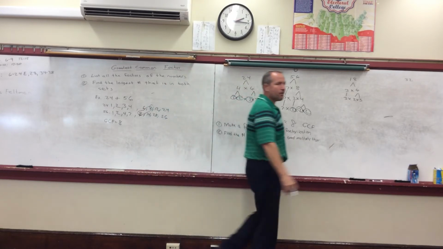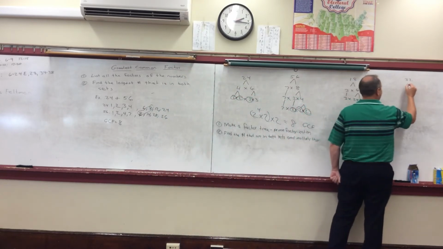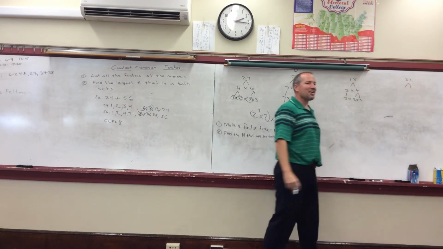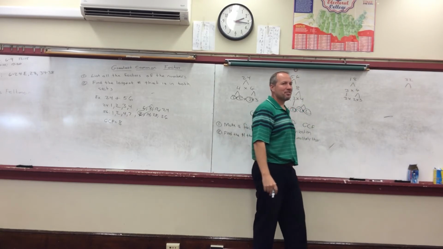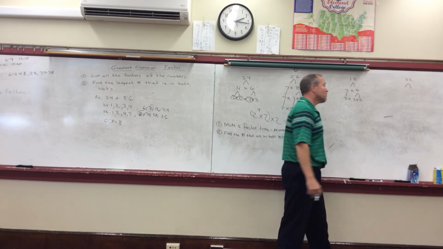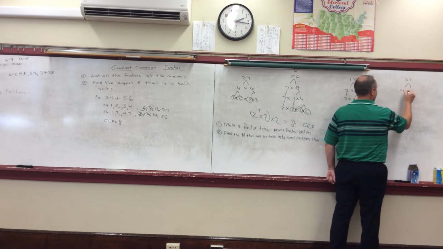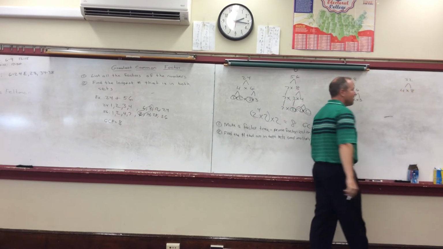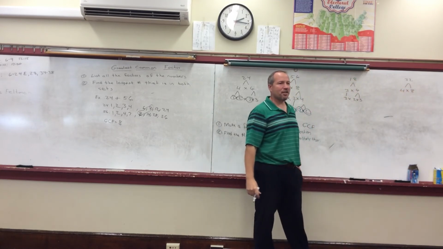Okay, the 32. Parker. Without your calculator, what can you break 32 into? 4 times 8. Now the 4 can be factored into 2 times 2.